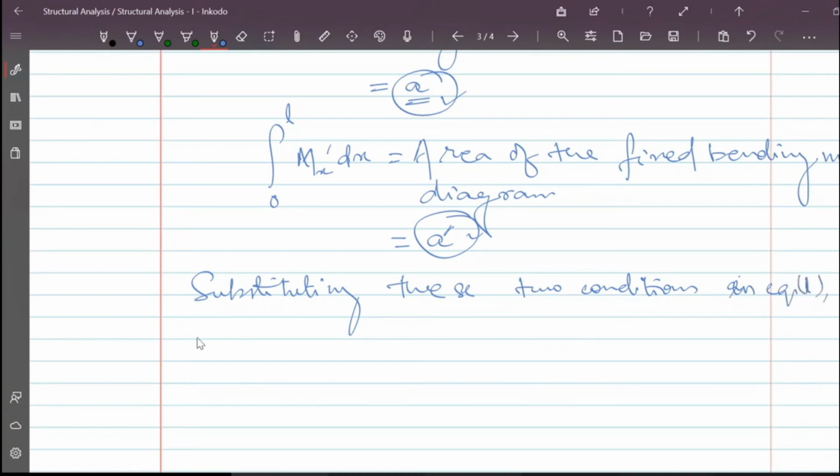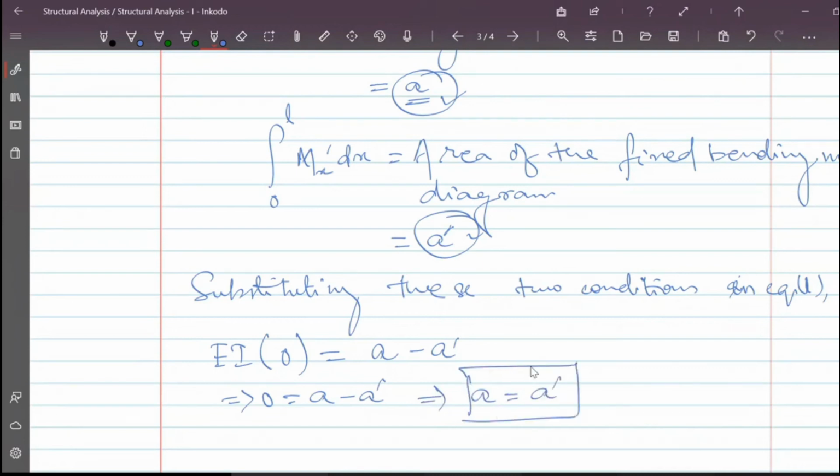In equation 1, can I write EI into 0 equals to A minus A dash. So anything multiplied by 0 becomes 0. This implies 0 equals to A minus A dash. So this implies A equals to A dash.